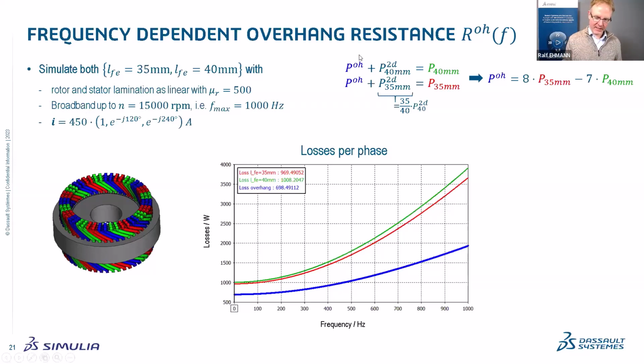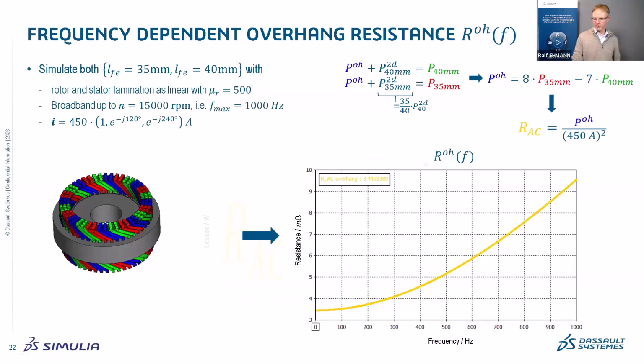And the nice thing is the overhang power, the losses in the overhang, should be constant. It should not change when we go from 35 to 40. And this enables us to get from these two analyses a value for the overhang losses over frequency. And from this one, you just divide by the square of the current, and you get your AC resistance as a function of frequency.